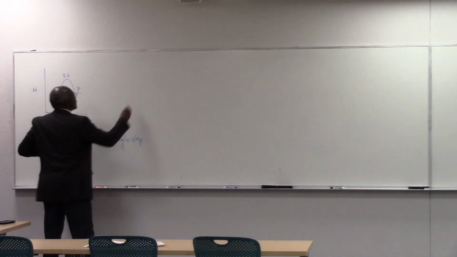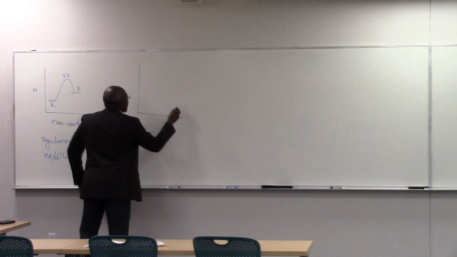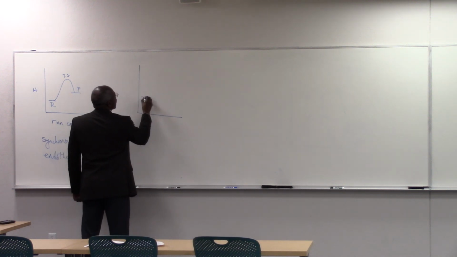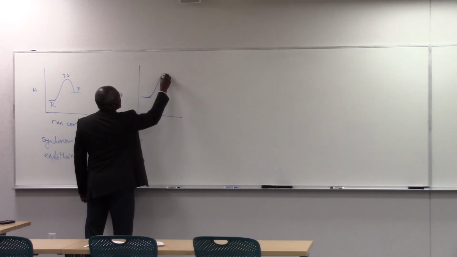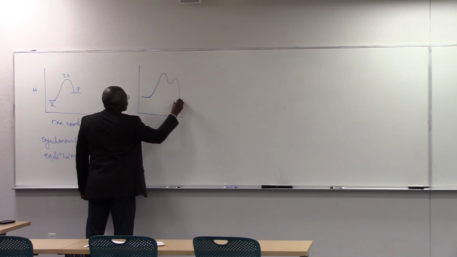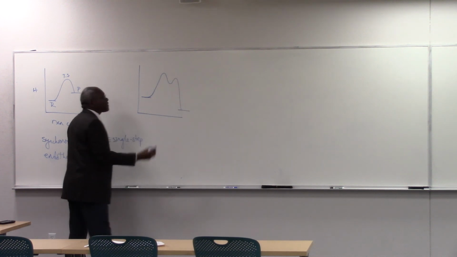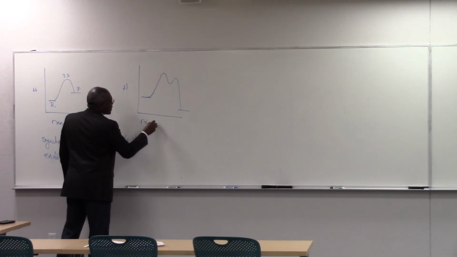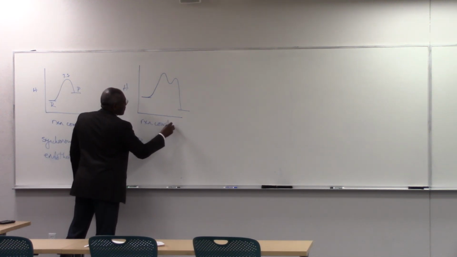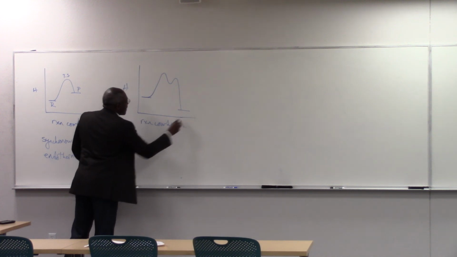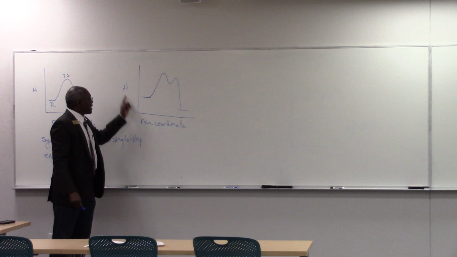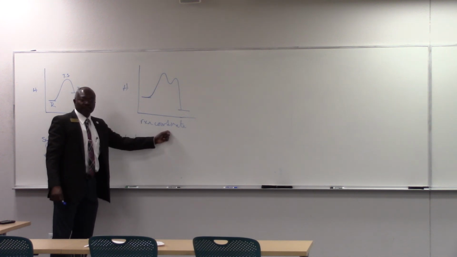But I could have gone from reagent to product in entirely different ways. It might be possible that I'm going to go from the reagent to the product in an entirely different way. And I'll have H and reaction coordinate here. Now, I'm going to make the point. You notice how very deliberate I am in writing out reaction coordinate.